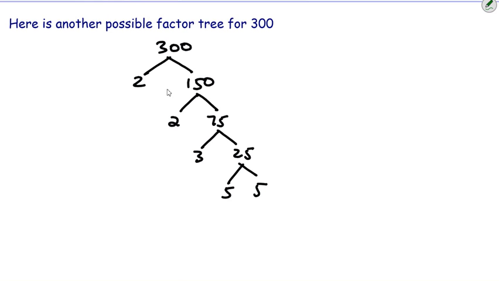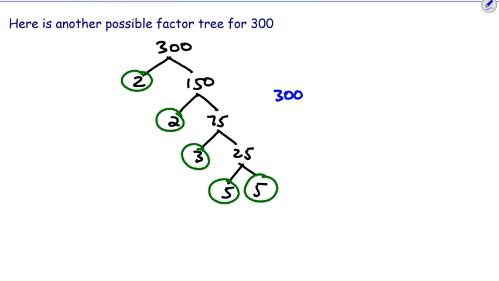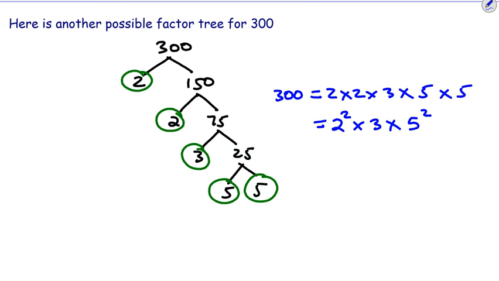I can circle these. So, if we want to write 300 as a product of its prime factors, we'll end up with 300 is equal to 2 multiplied by 2 multiplied by 3 multiplied by 5 multiplied by 5, which is 2 squared multiplied by 3 multiplied by 5 squared.